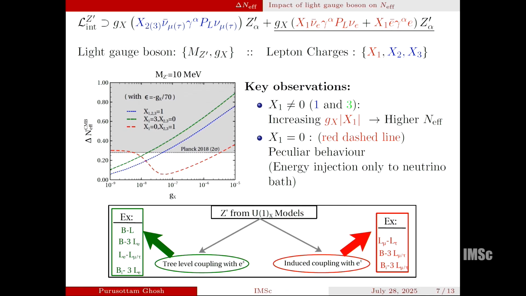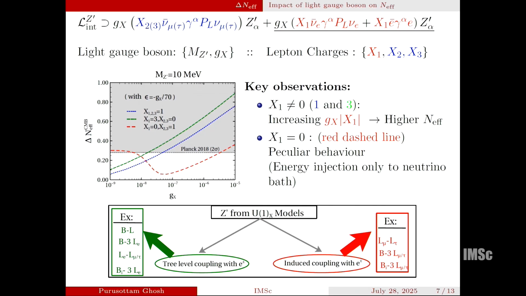This is because in the lower coupling region it is purely decay, and in the higher coupling region there is a competition between scattering and decay. So depending on this x1 number, one can categorize all the U1x models into two categories. In the first category, when x1 not equal to 0, that means the Z prime does have a tree-level interaction with the electron positron, and these are the U1x models that fall in this category.